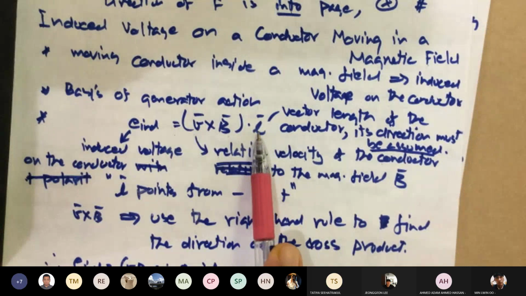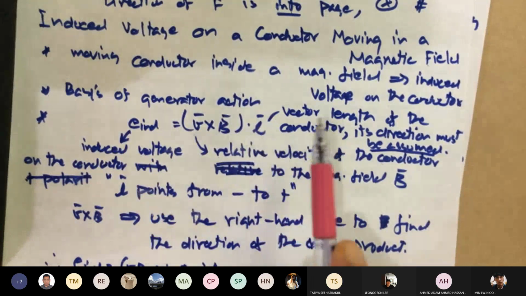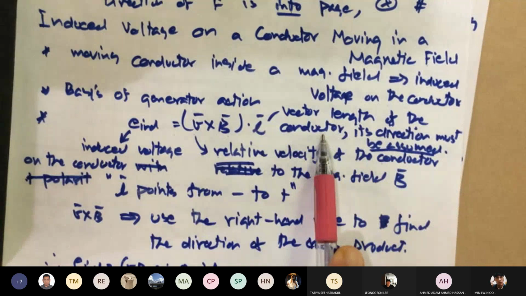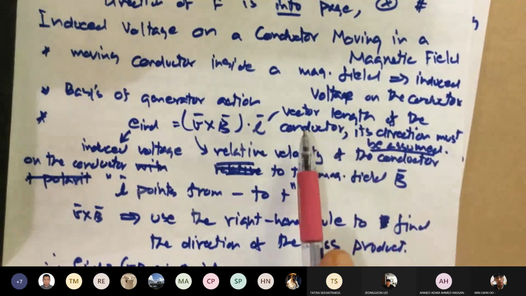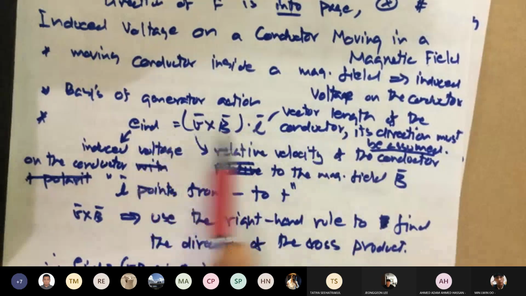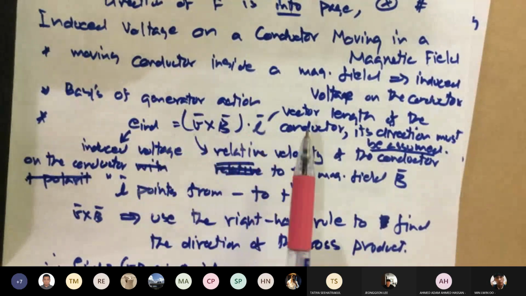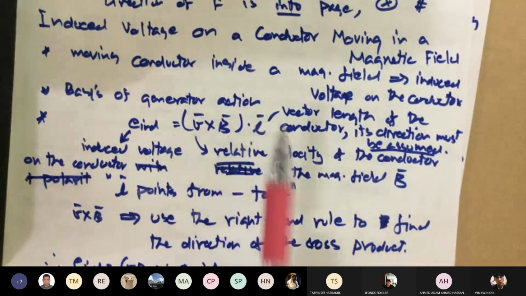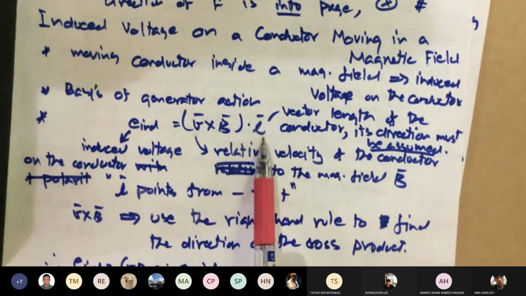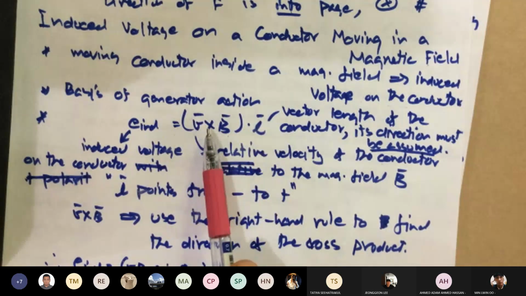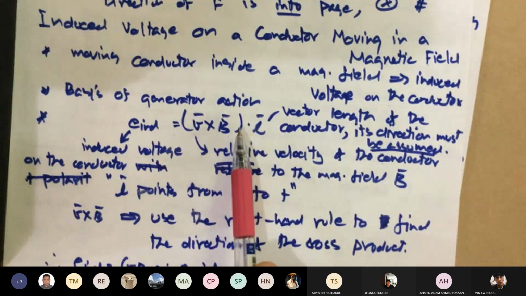And again, L is the vector length of the conductor inside the magnetic field. This time, unlike the force, we don't have a current, so we don't know the directions of L. If the generator is not connected to a load, it draws no current.